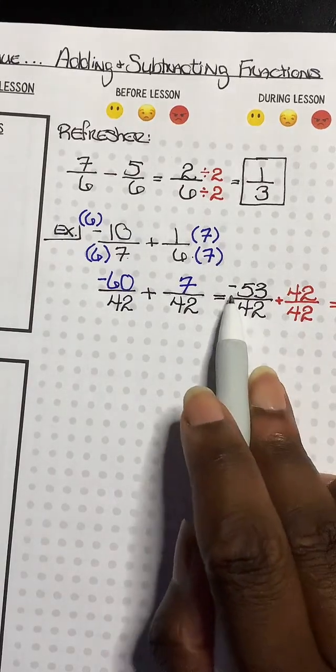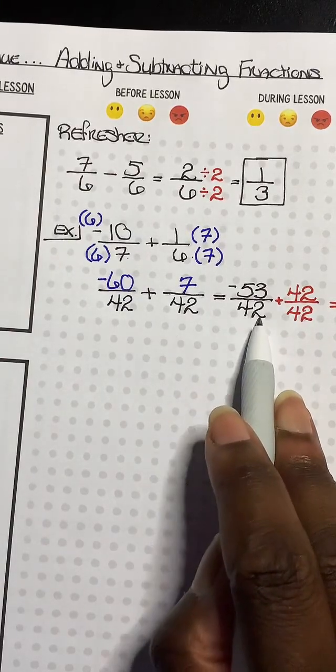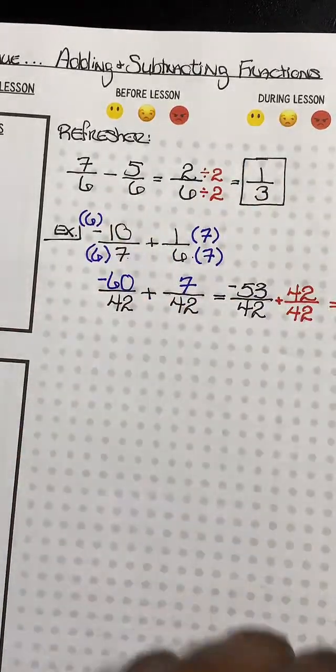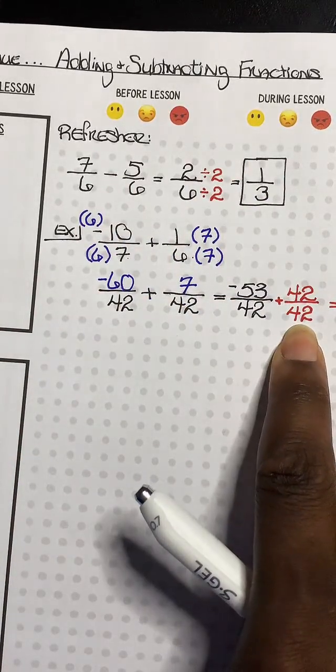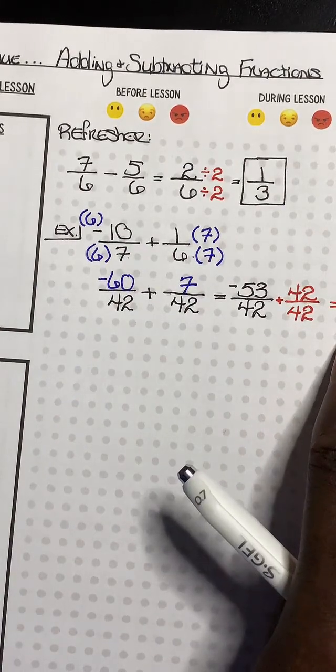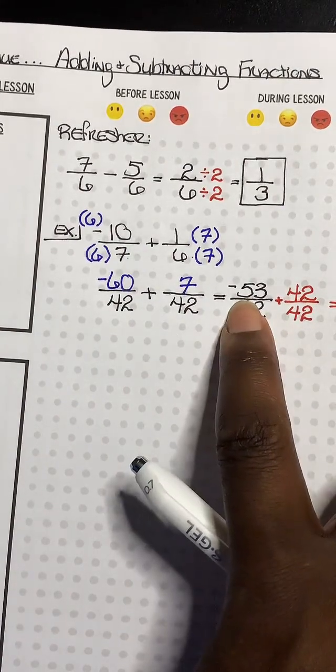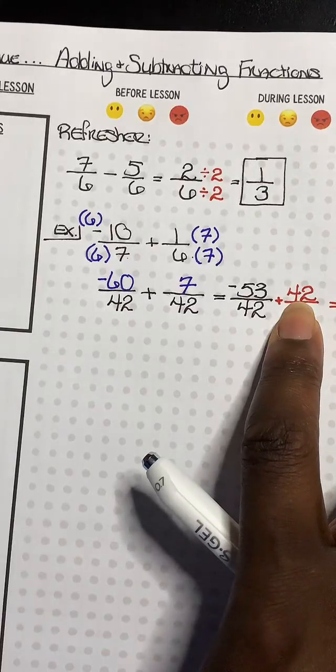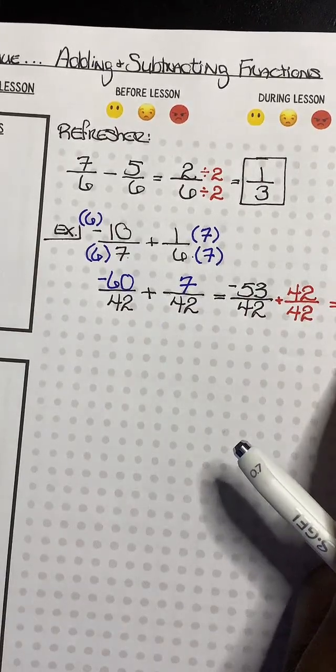So to change my negative 53 over 42, I need to pull out one whole. That's what we have in red here. So if I pull out that 1, which is right there, I take my 53 and I subtract the 42, and I will get my 11.